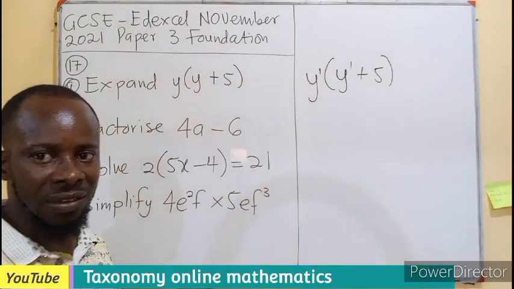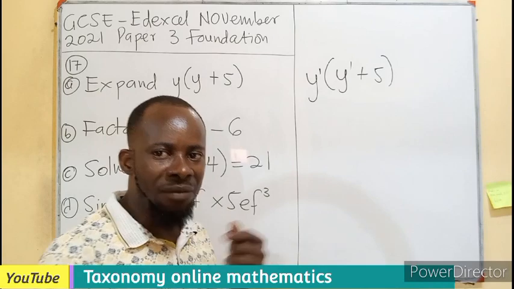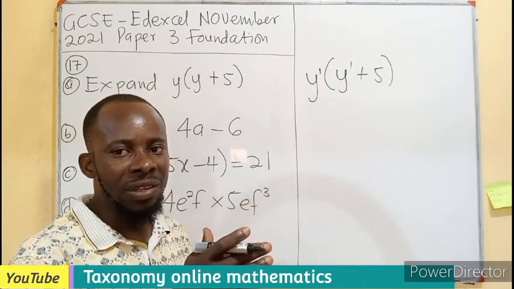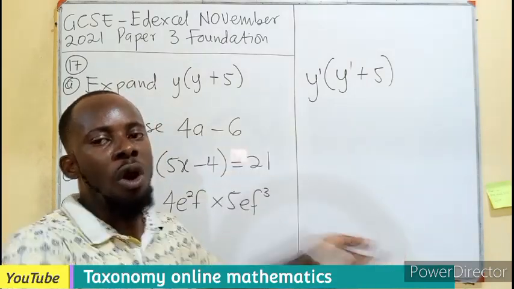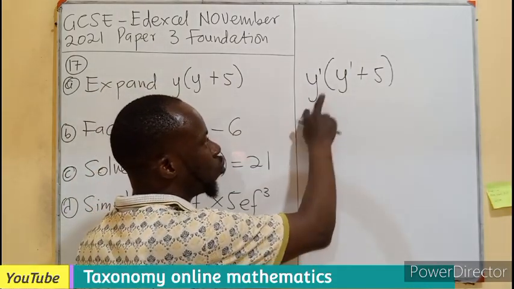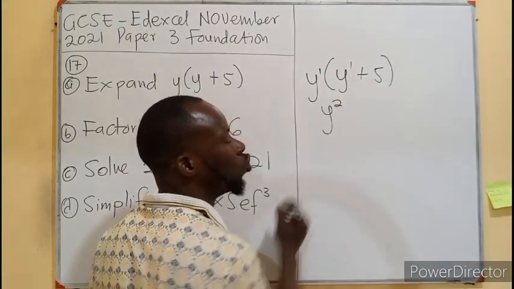The exponent is 1, but we don't write it. Now when you multiply variables of the same kind, you only add their exponents. You ask how many groups of the y you are multiplying. In this case, it's going to be 2 groups of the y. So this becomes y exponent 2.